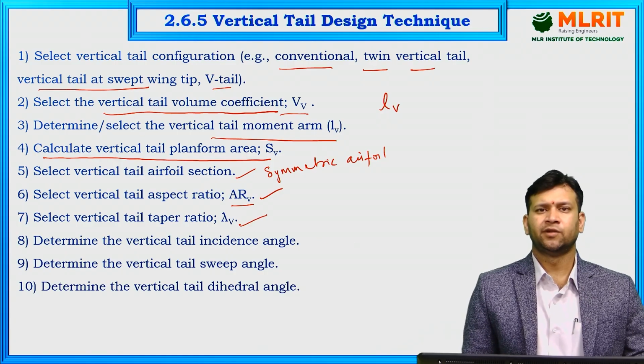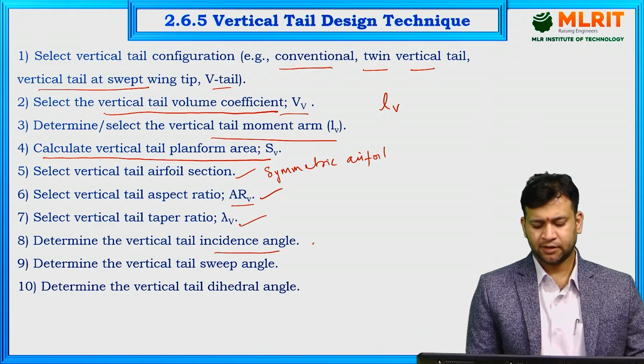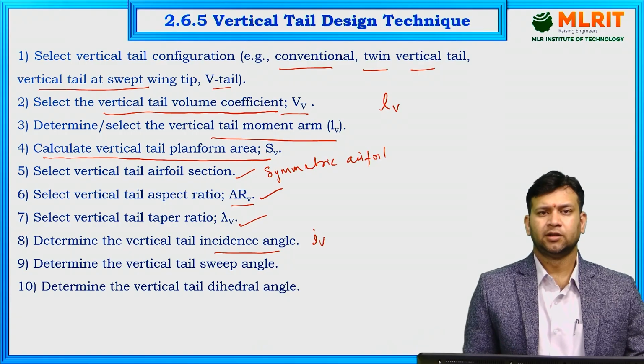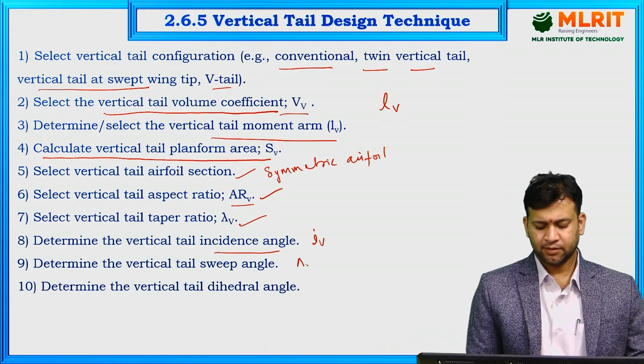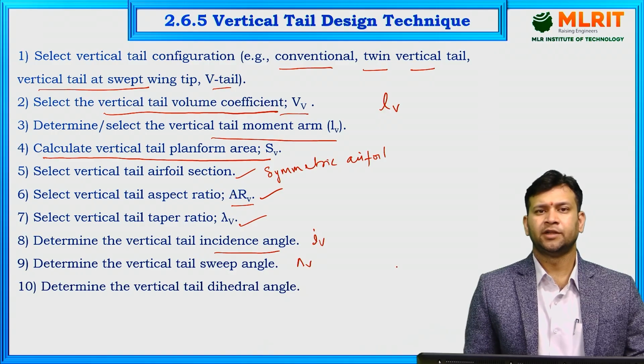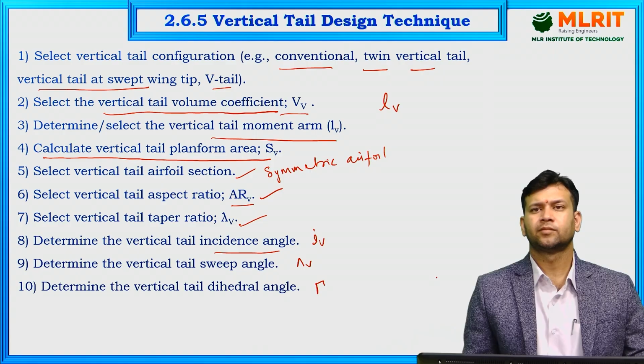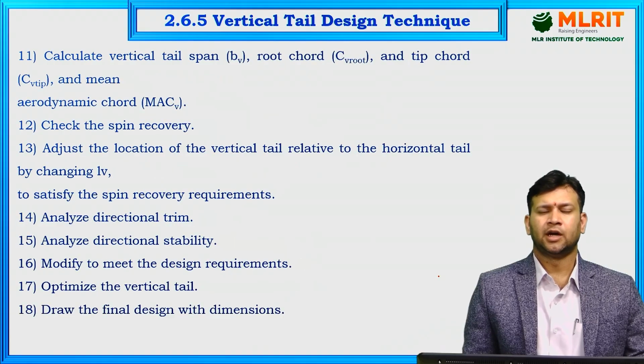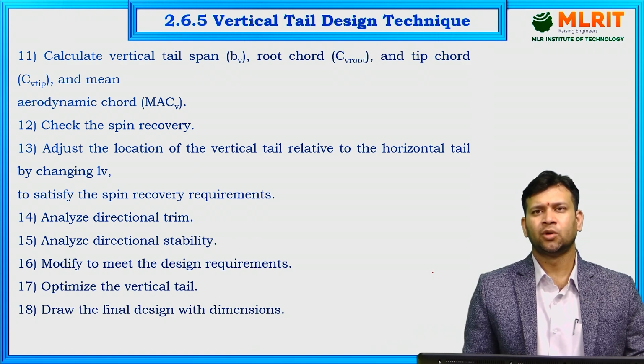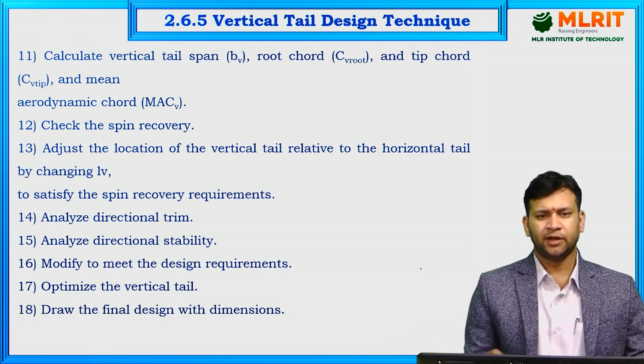Then determine the vertical tail incidence angle, that is IV. Then determine the vertical tail sweep angle. Then determine the vertical tail dihedral angle. After these 10 steps are done, the 11th one is calculate vertical tail span, root chord and tip chord and mean aerodynamic chord.